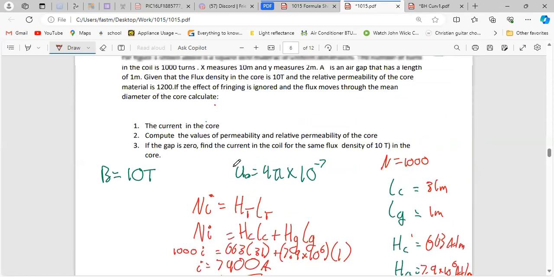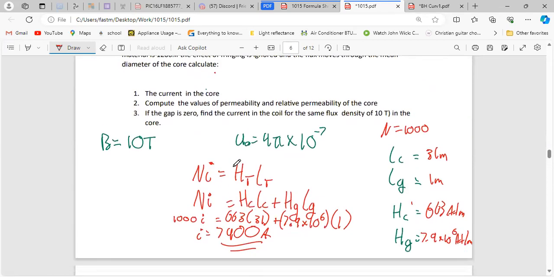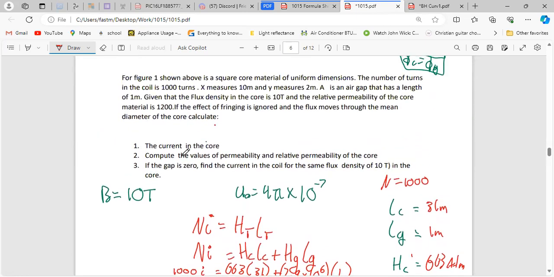The second part: compute the values of the permeability and relative permeability of the core. They said compute, so here they could just state it, and it just states back what the question gave you. If the question didn't give it to you, so like if the question just gave you the permeability of the core, you will have to split it up.